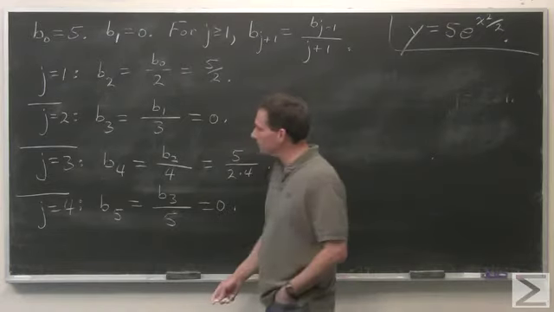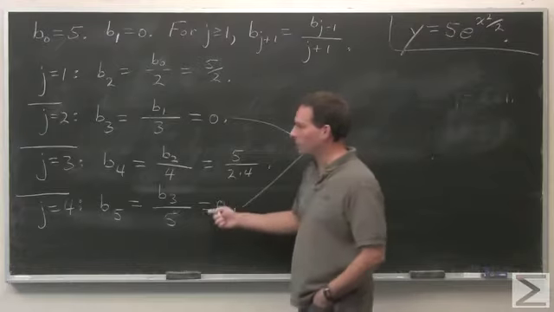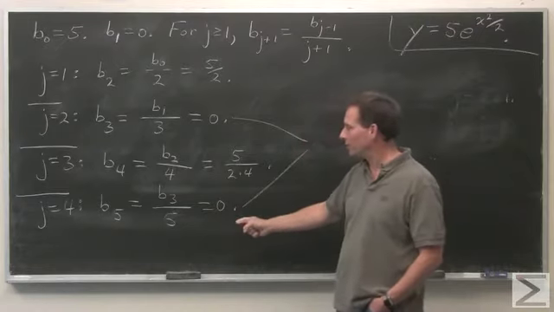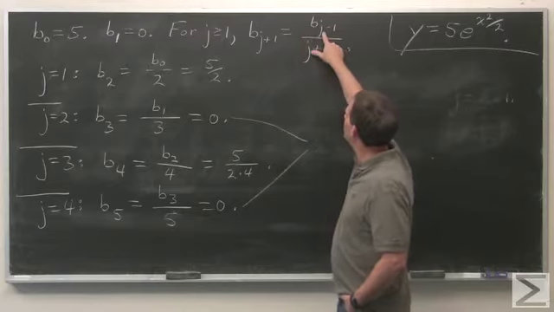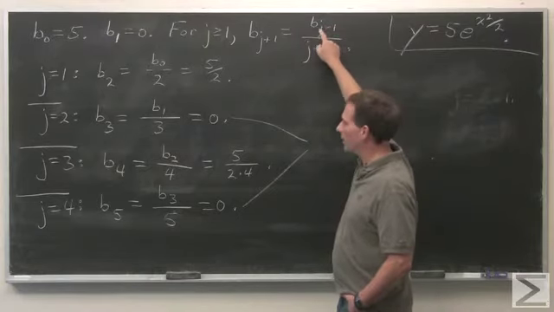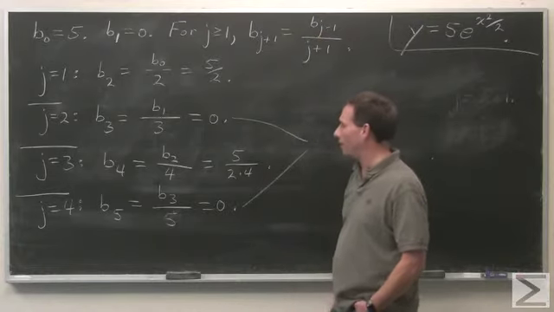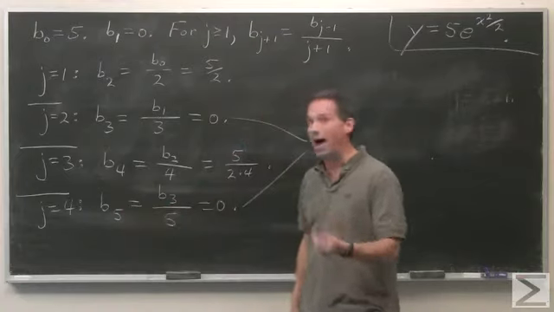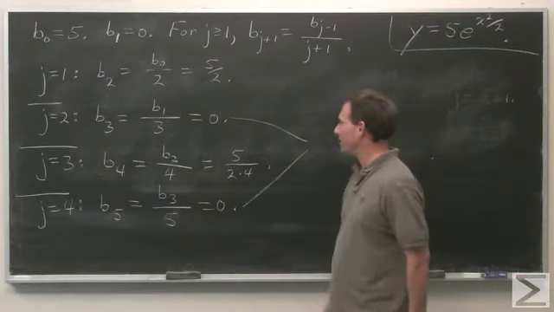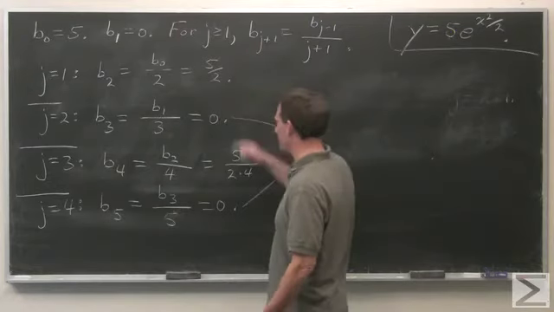What you should see is that when j is even, you'll always get 0, because you're starting at 0. That is, if the subscript on the b is odd, all the odd coefficients are going to be zeros, and that corresponds to the even j's here.